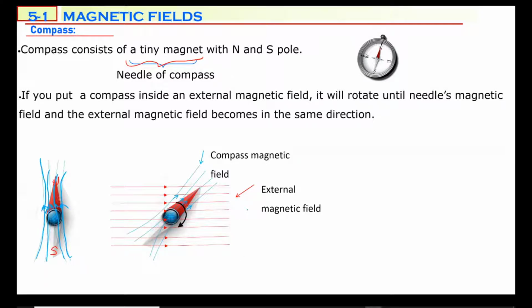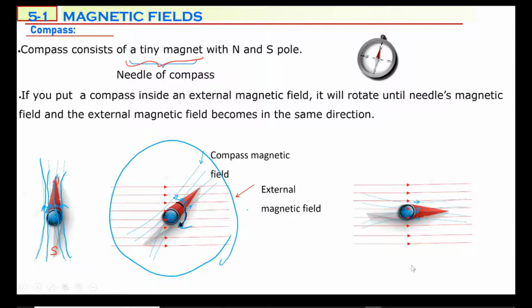These magnetic fields must be in the same direction, which means this compass cannot stay stable at this position. It will turn until the magnetic field lines of the compass and the external magnetic field are in the same direction. This is what I said in the previous slide.